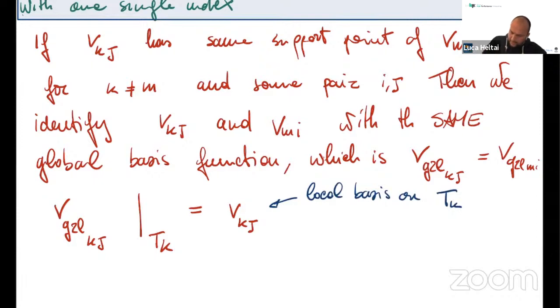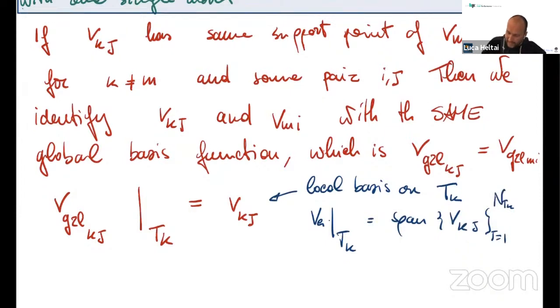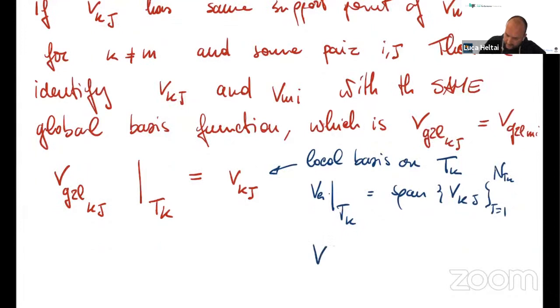We have that we write V_h restricted to Tk is the span of v_kj for j that goes from 1 to n_Tk, depending on the size of this object. And we also have that the v_kj for j that goes from 1 to n_k, this is exactly sigma of Tk.